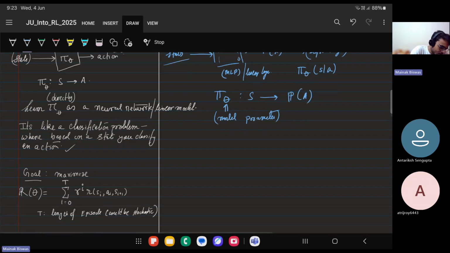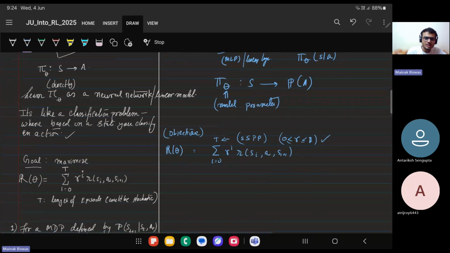So now recall, say R of theta is the objective. What is our objective in RL? Say T is the steady stochastic shortest path problem, with a terminal state, and gamma is anything between 0 and 1. The trajectory is Si, Ai, Si plus 1. What is the objective? The objective of RL is to maximize long-term reward, yes or no?